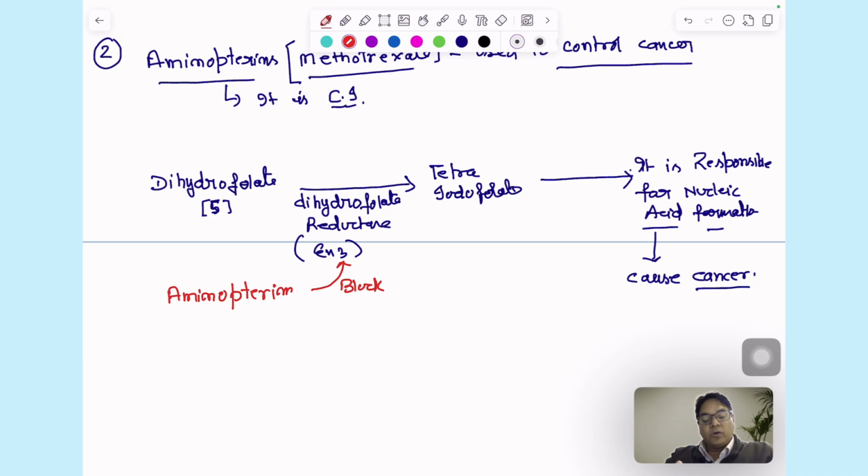They block the dihydrofolate reductase, and when this enzyme has been blocked, there will be no formation of FH4, that is tetrahydrofolate.